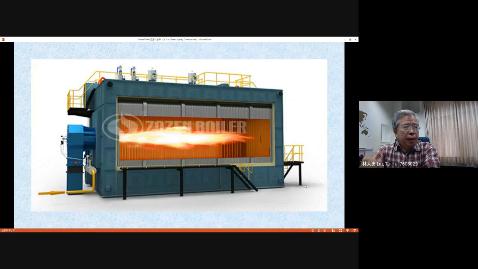Now, this is a typical example of the spray diffusion flame you may have in an industrial furnace. This industrial furnace is a smaller one. The combustion chamber is not too long. By observing this burning structure, you can see there is very strong axial momentum injecting out.